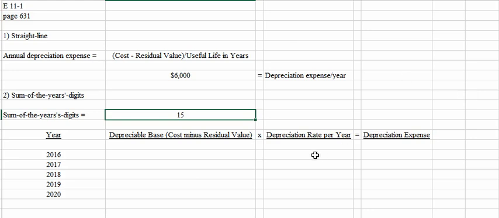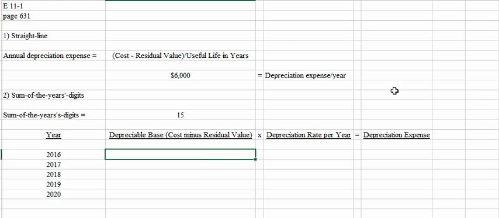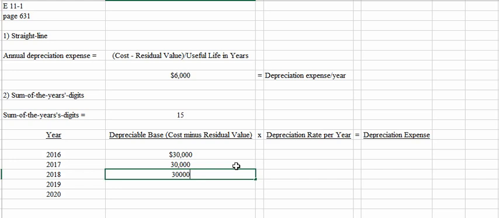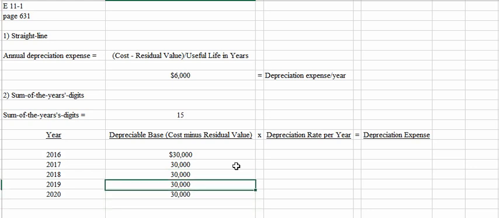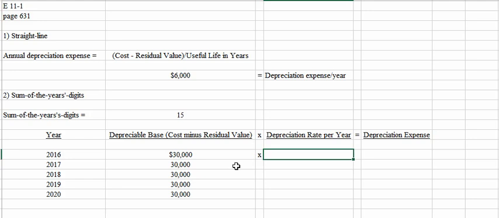That number is going to be your denominator in each rate that we use. Okay, your depreciable base would be cost minus residual value. So that's equal to 33,000 minus 3,000. That amount, our depreciable base, will be the same each year. Okay, and then we're going to multiply times our rate.